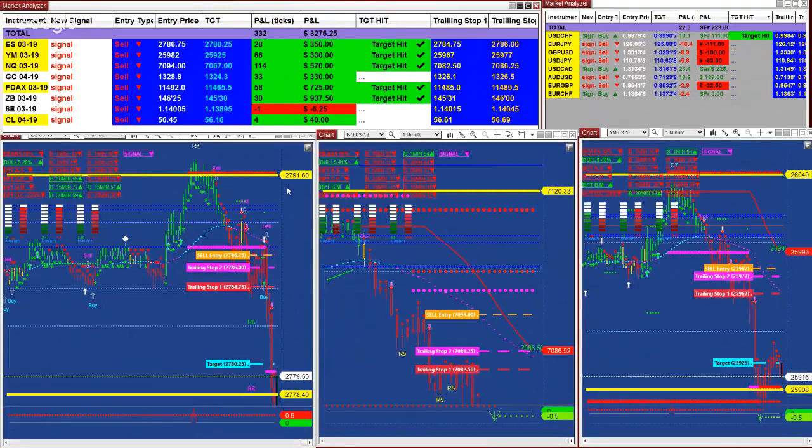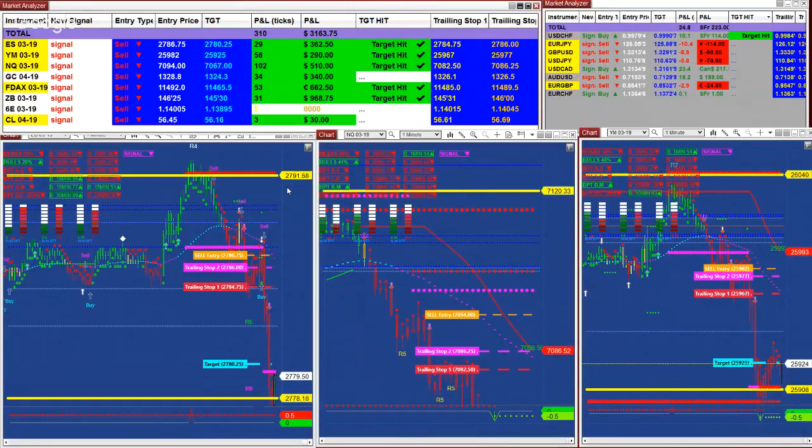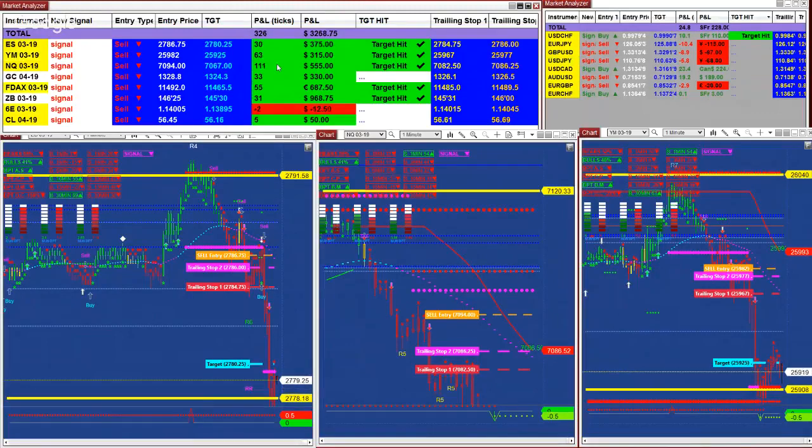The system comes with a fully automated ATM strategy, but at the moment we are using ATM. Today I'm using ATM, and I prefer to use an ATM so I can move the trade forward and backwards. So right now, on the market analyzer, we had a little drop in the internet.